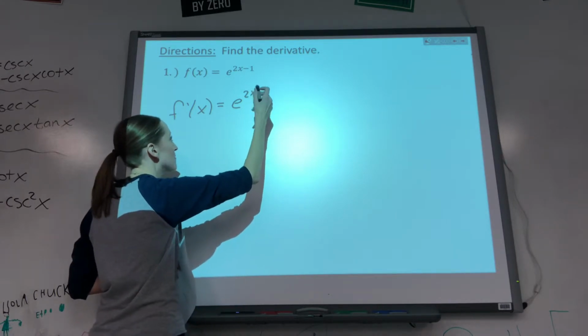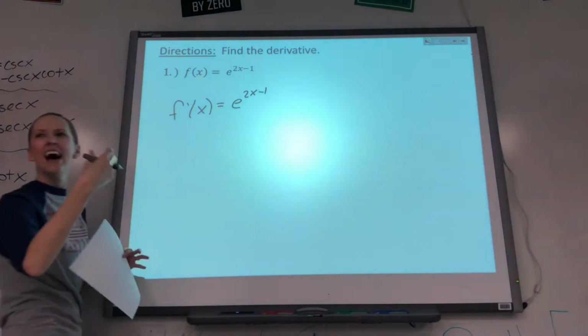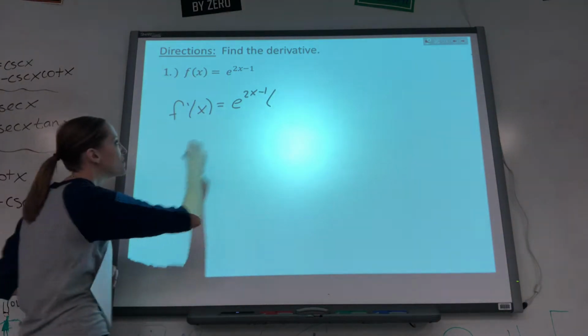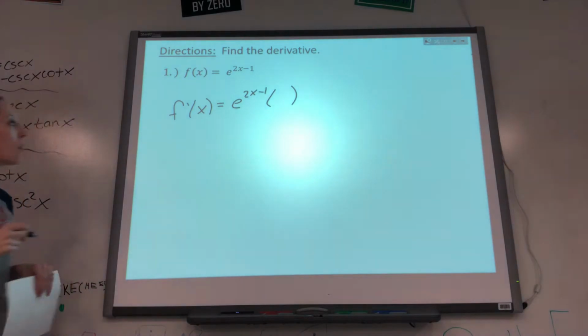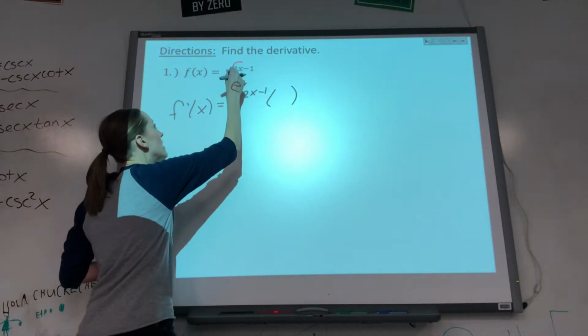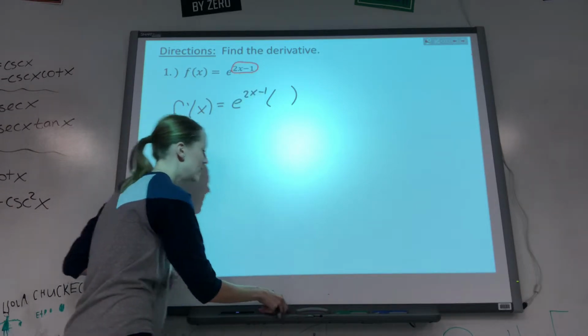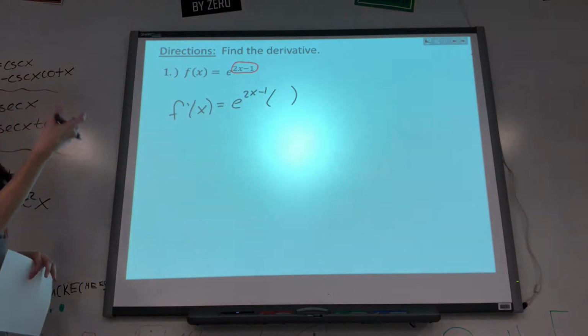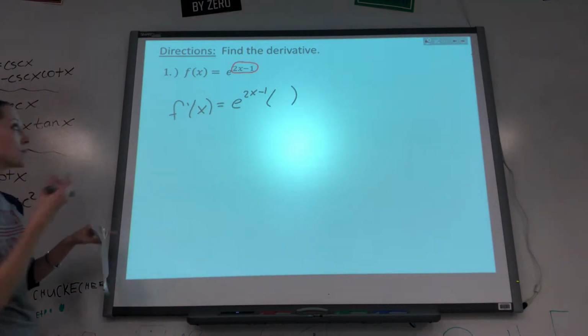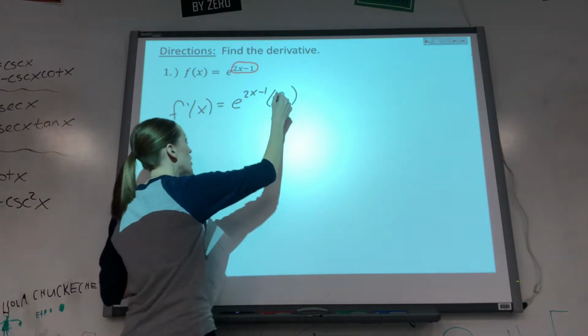But then I have to come back, and I know the formula put a little dot. I think I'd rather just use parentheses to show that I'm multiplying. But go back and take the derivative of the part that was your exponent, the part that had x. So what is the derivative of 2x minus 1? 2.